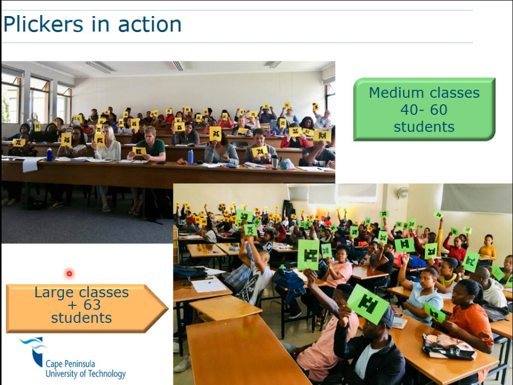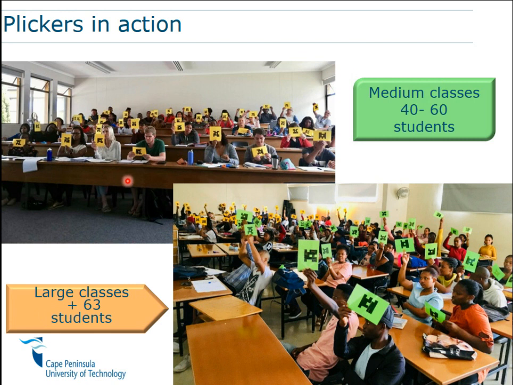If I have large classes, which is 63 students plus, I came up with an idea to have 2 different color-coded papers. The barcodes are still the same, it's just that they are printed in different colors so that I can scan the first wave, which will be the green, and then the second wave, which will be the yellow.